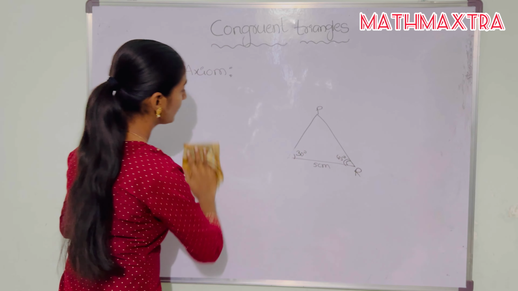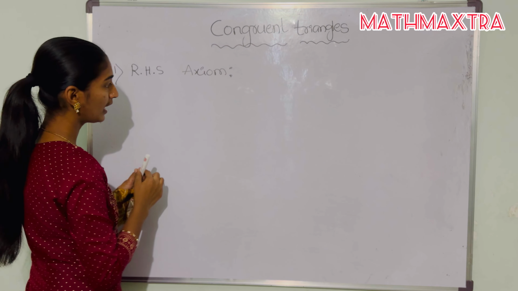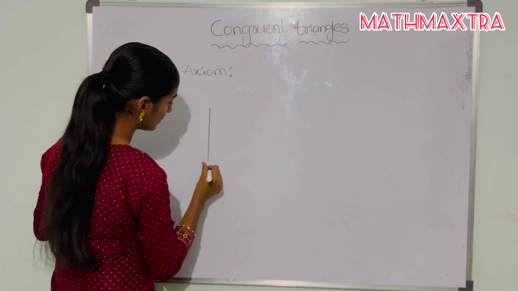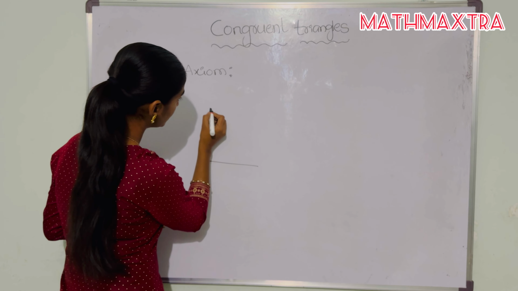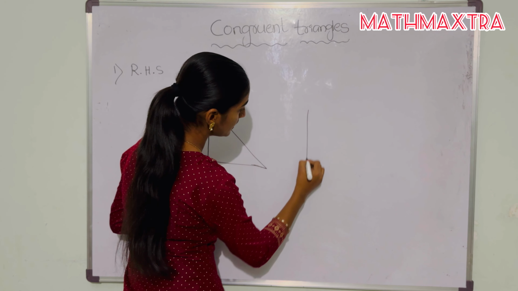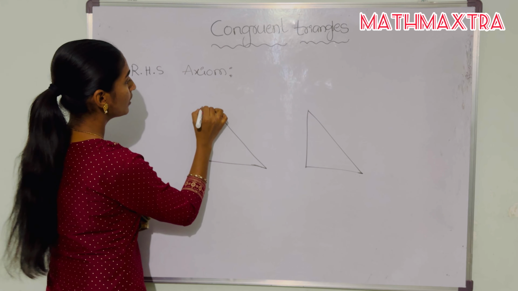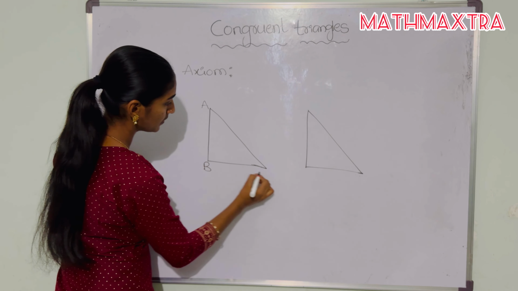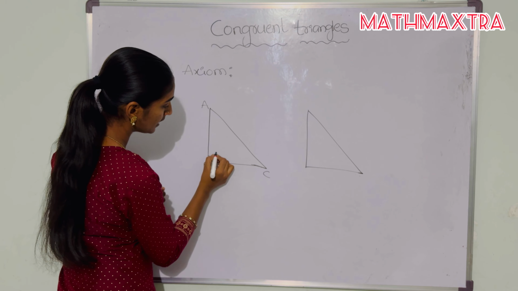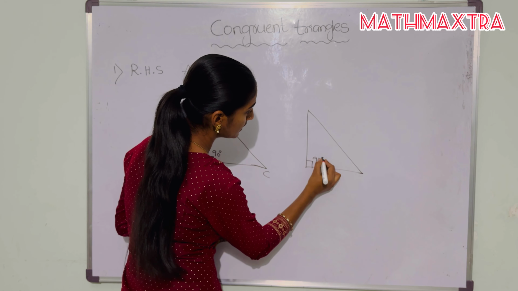In this, you take two right angled triangles. So this is one right angle and this is another right angle. So in this one angle is 90 degrees and in this also one angle is 90 degrees.